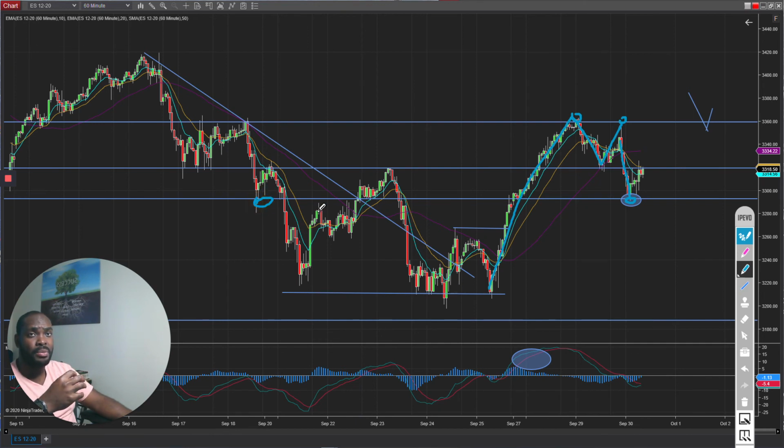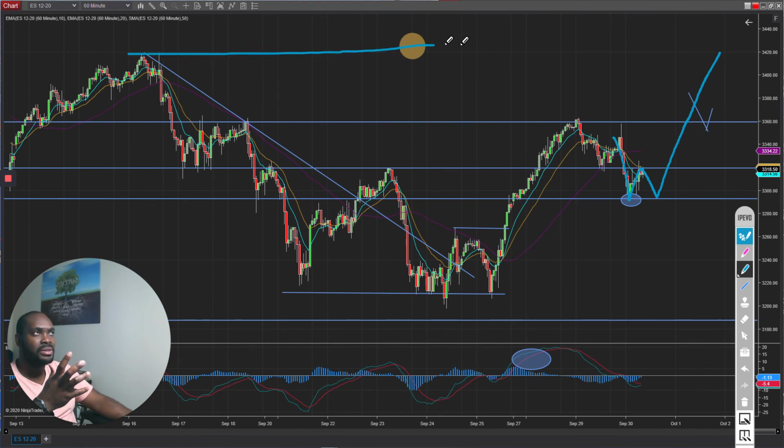So it's very possible that we can just get a push up from here, or we can end up getting another pullback down to this level before we attempt to go higher. And like I said, I'm anticipating this market to come back, bare minimum, up into the 3,400 levels, and then from there we will get a little bit more clarity as to where everything is going to go.